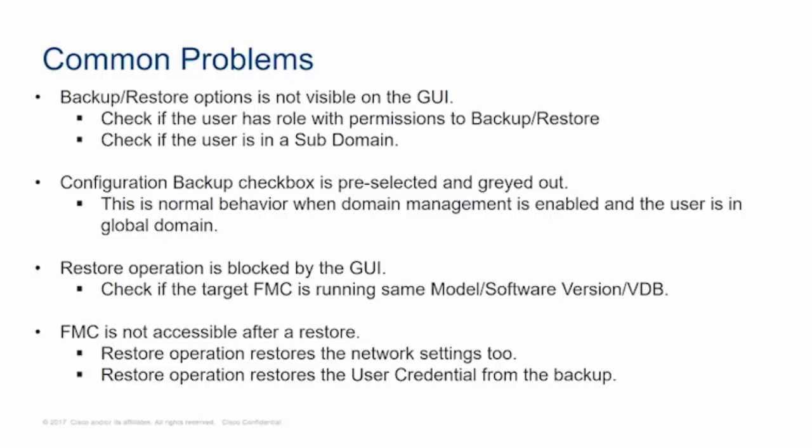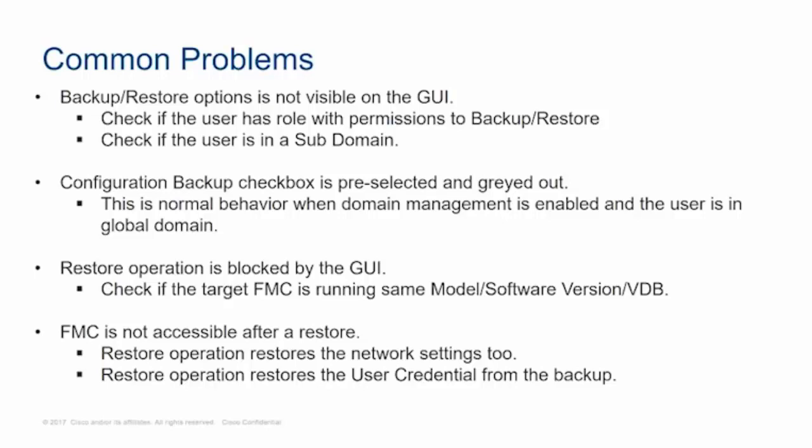Another thing, sometimes there have been instances where we see that after initializing the restore, or after completing the restore, the FMC goes inaccessible. There are two conditions where this happens. Since the backup is for a complete system, it's going to restore all the information.